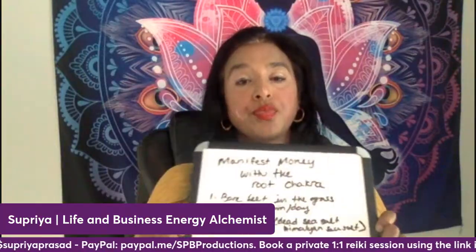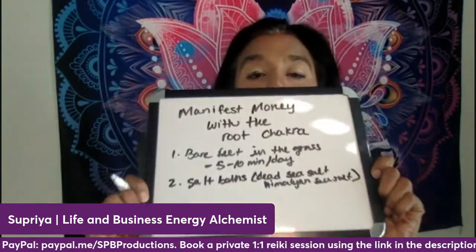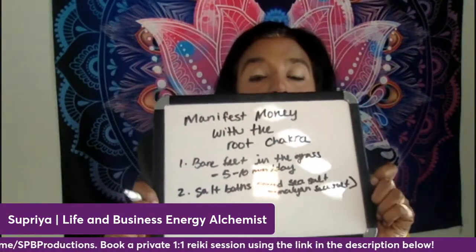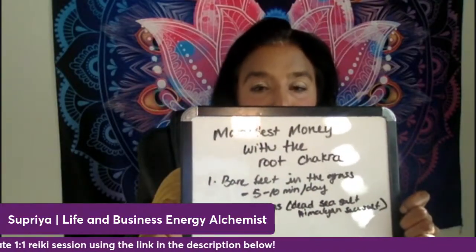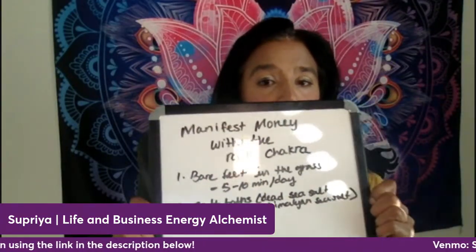So say you're not able to do grounding, make sure you do a salt bath too. Make sure you do a salt bath if you can't do grounding. With either Dead Sea salt or Himalayan sea salt. Why Himalayan or Dead Sea salt? Those are the most natural. All right, pure Epsom salt. I mean, yeah, you could do it. You could do it with pure Epsom salt, but it's not.